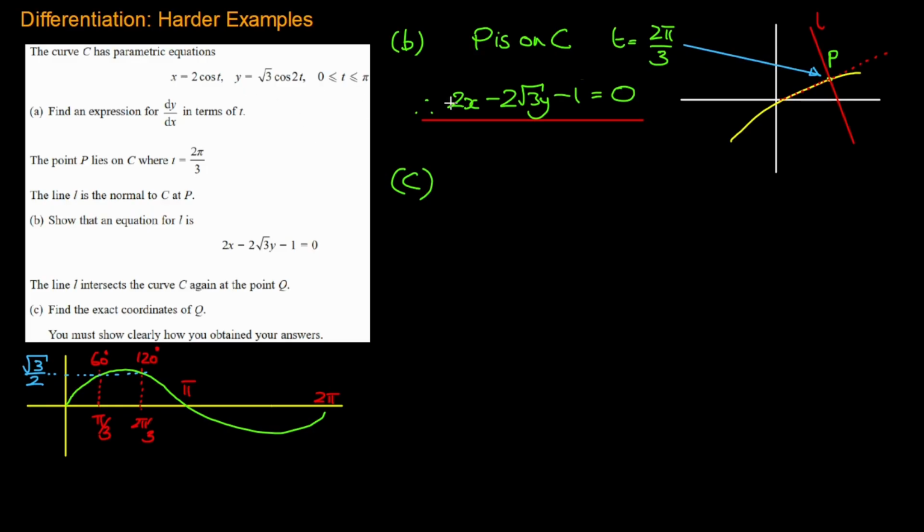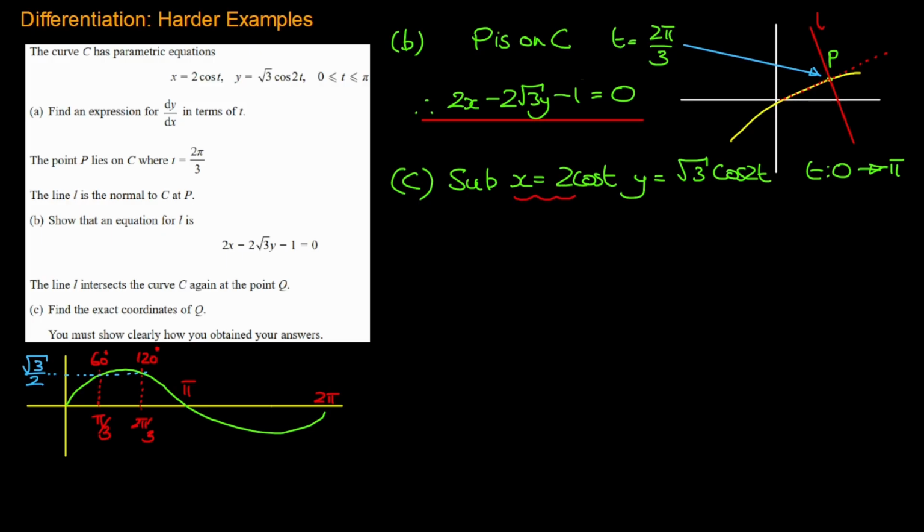So let's try it. I'm substituting x is equal to 2 cos t and y is equal to the root of 3 cos 2t. And remember, t is limited from 0 up to pi radians, and that might stop us finding endless solutions of the intersections.